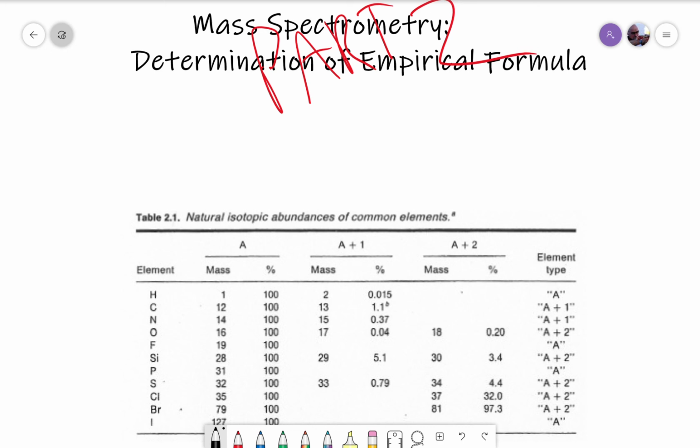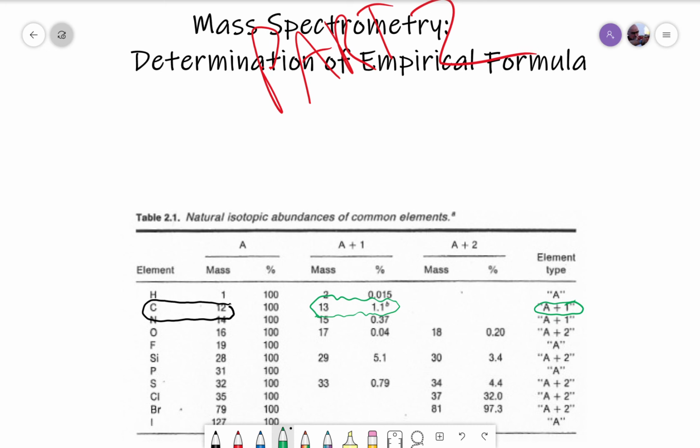If we look at this table, carbon-12 is the most common abundant isotope of carbon, with carbon-13 showing up at 1.1%. That makes this an A+1 type element, meaning that when you see it in a spectrum, its isotope will show up at the molecular weight +1.